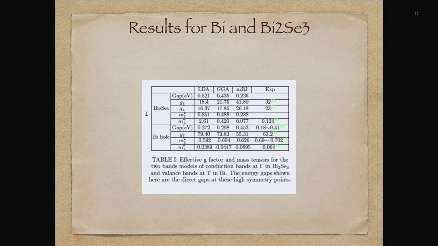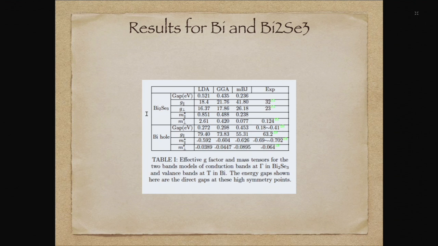We tested our code by calculating the g-factor of bismuth and the three-dimensional topological insulator Bi2Se3, and we get these numbers. To get good agreement with the experiment, we need to apply this MBJ functional, which can get the size of the energy gap right.